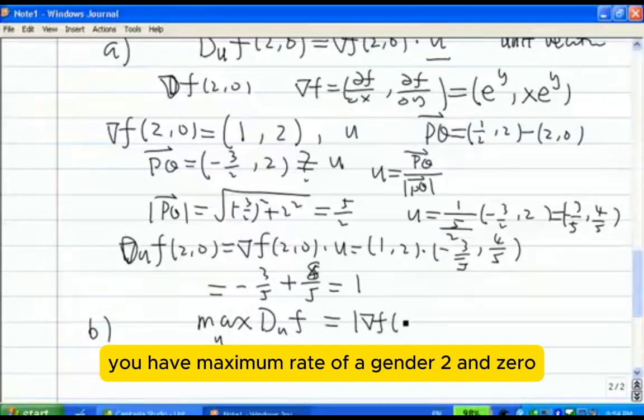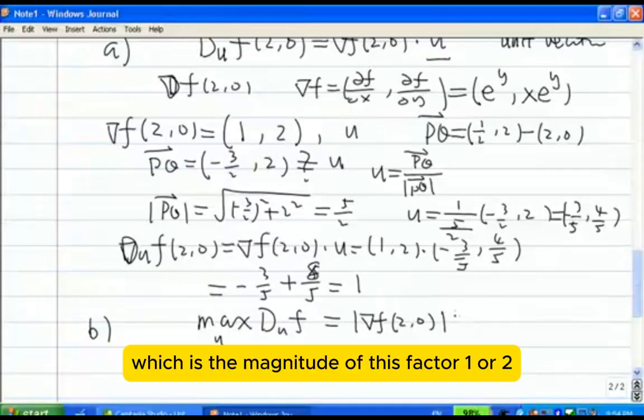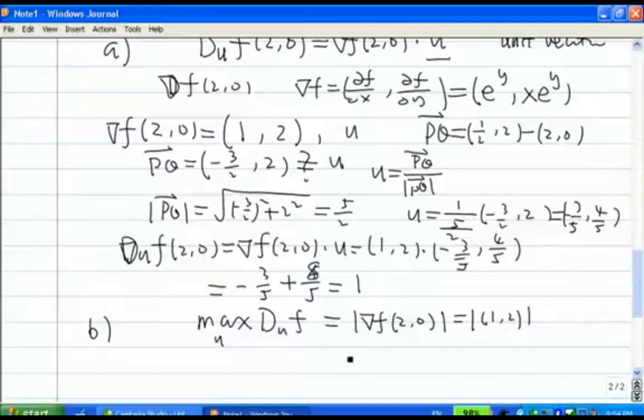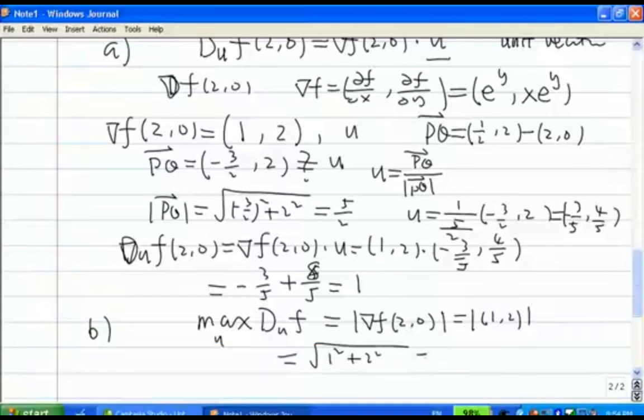You have the maximum rate of change at (2, 0), which is the magnitude of this vector (1, 2), the square root of 1 squared plus 2 squared, the square root of 5.